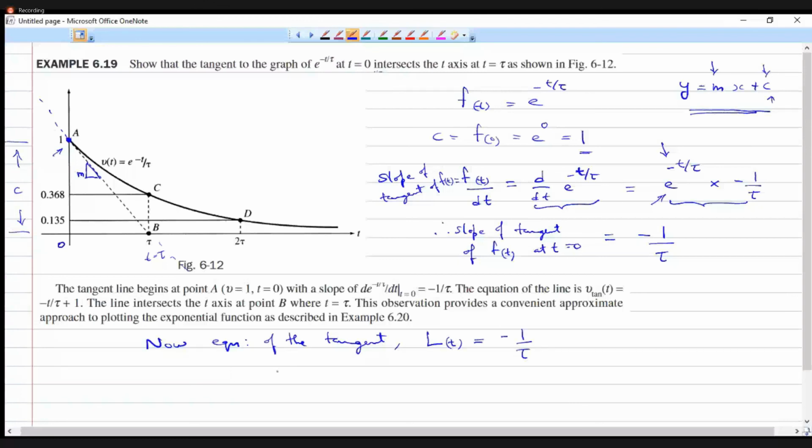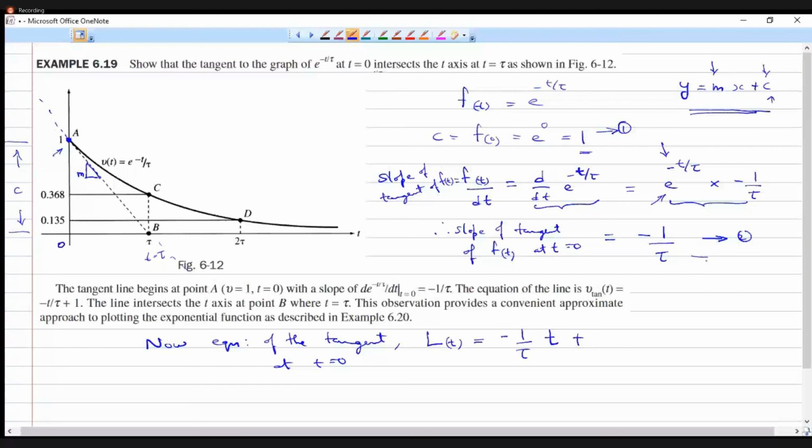Remember that I am drawing the tangent at t is equal to 0. So that is given by L of t is equal to minus t by 2 into the independent quantity, that is the time, plus the y-intercept. The y-intercept I have already found out is equal to 1 here. So this is equation number 1 and this is equation number 2.